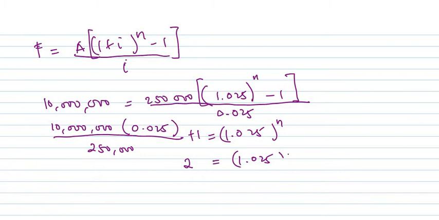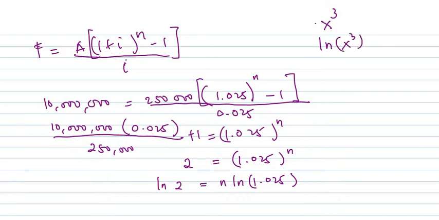Which is then equivalent to 1.025 raised to n. Since we have n here, we will apply ln to both sides. ln of 2 is n ln of 1.025. Take note, if we have x cube and apply ln to it, this can be rewritten as 3 ln of x.